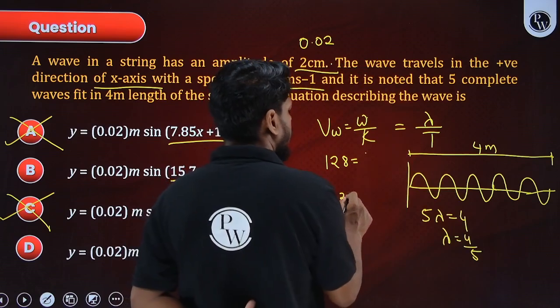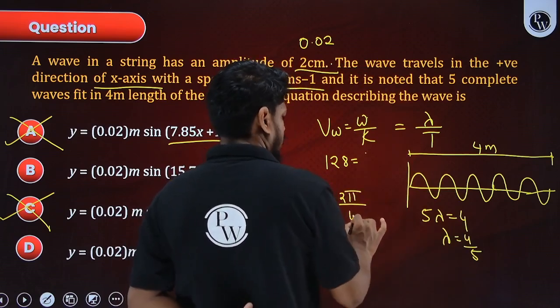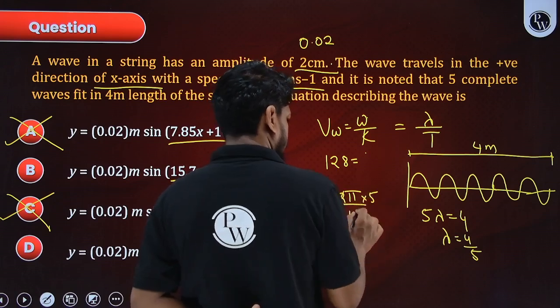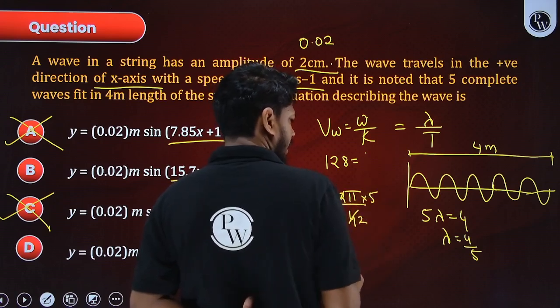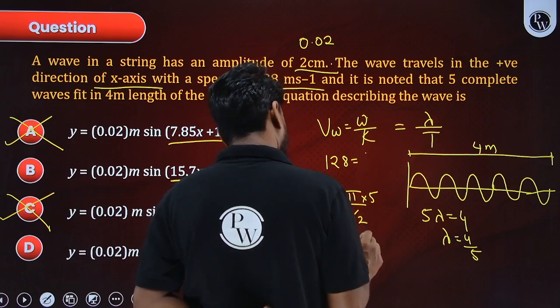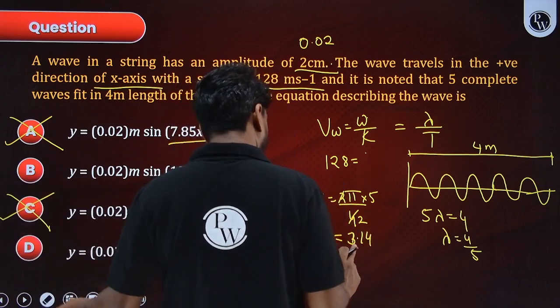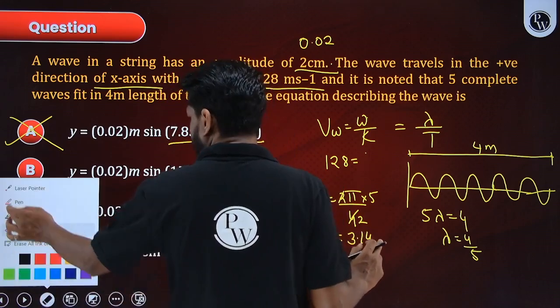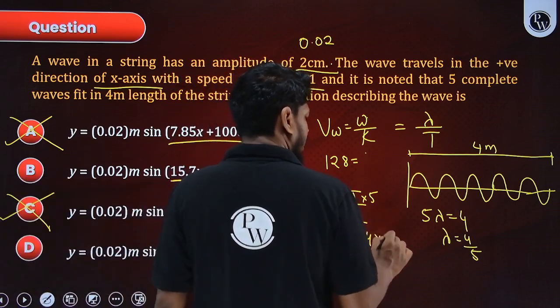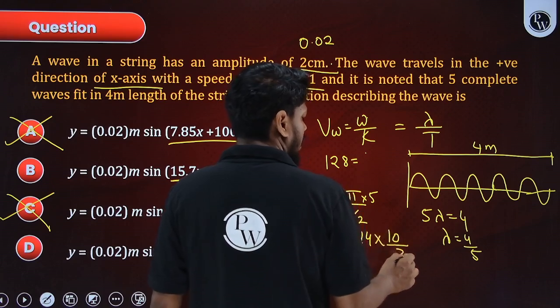So how from this can I find k? K is equal to 2 pi divided by lambda. Pi is 3.14. For easy calculation, I am going to write pi times 2 as 10. Do you have any issue in that?